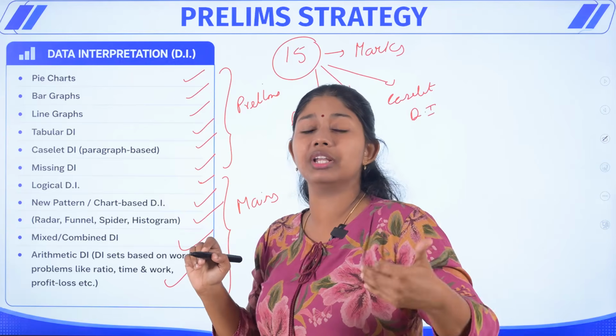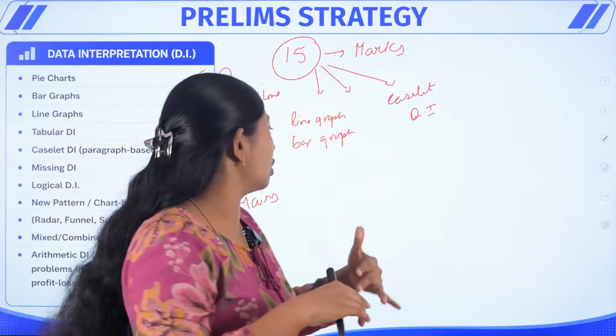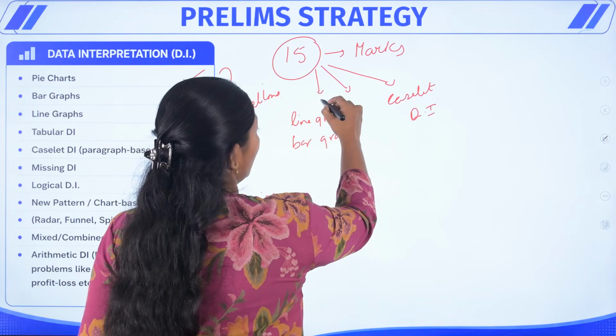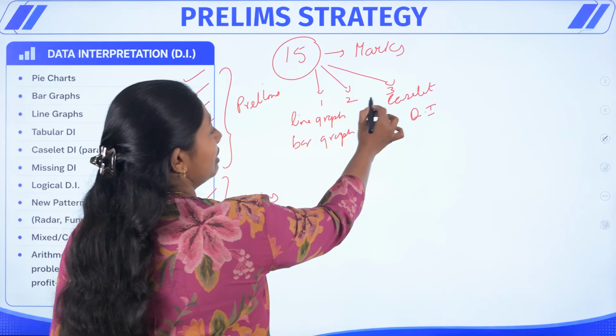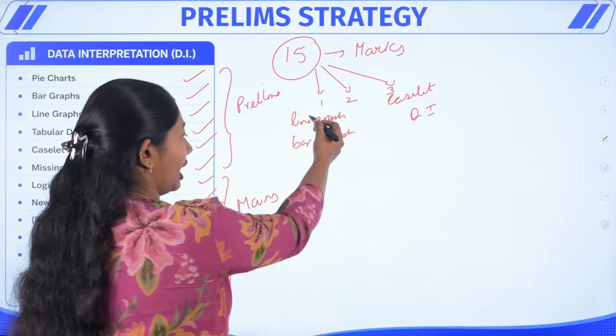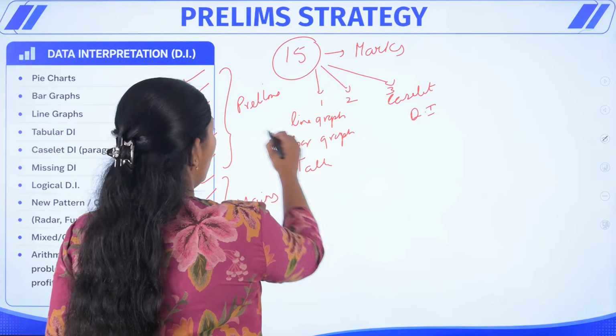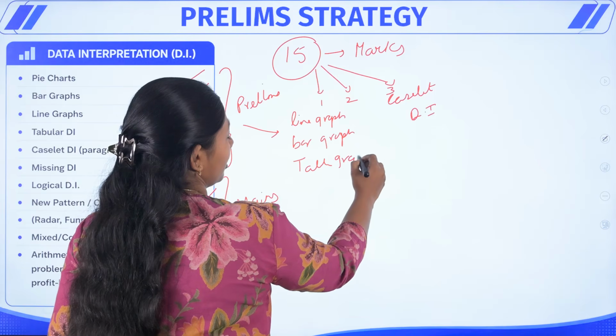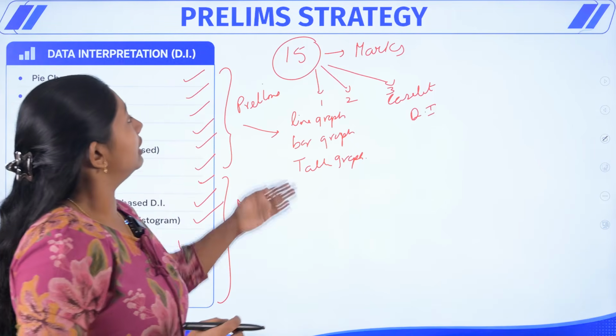From that you have to derive a table form and then you have to solve it. So here these 1, 2, 3 category, 3 DIs will be asked, each carries 5 sub questions. So 15 marks weightage. Here bar graph, line graph, table graph, all these will be asked. So this is the way they distribute marks.